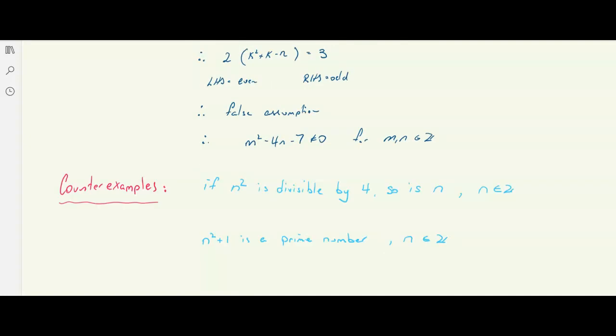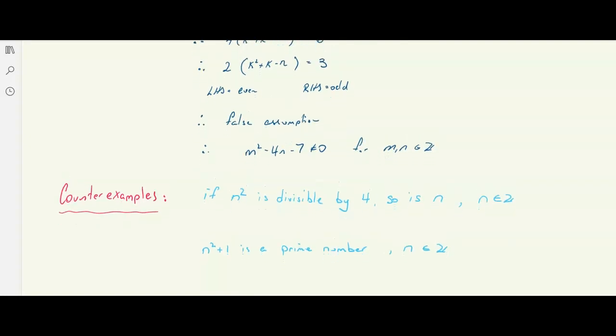And finally, just some counterexamples. You've only got to find one. Just a couple of examples here. If n squared is divisible by 4, so is n. This is a claim. Show that this statement is not true. We've either got to prove it's true, or find one example of it not being true.